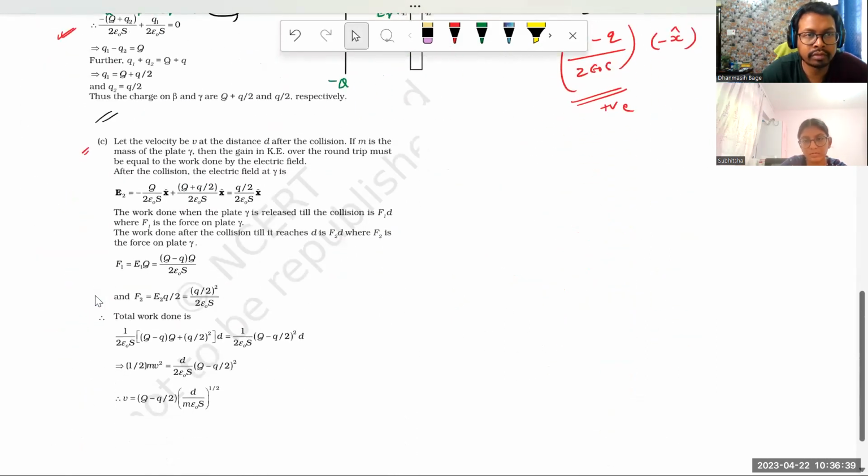Let the velocity be v at a distance d after the collision. If m is the mass of the plate, then the gain.